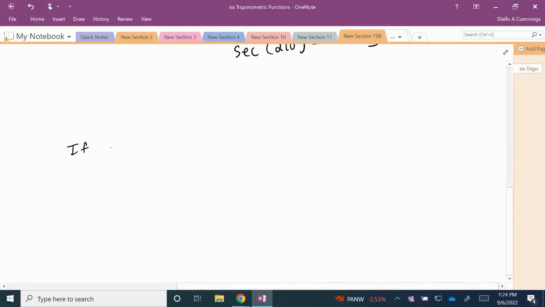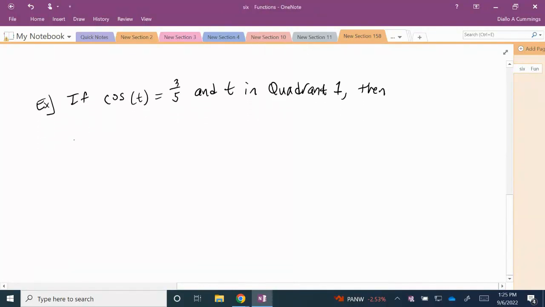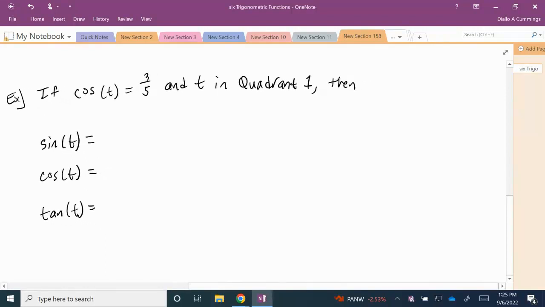If the cosine of t is equal to 3/5 and t is in quadrant 1, then we're asked to find the following: the sine of angle t, the cosine of angle t, the tangent of angle t, and then we're going to find the reciprocals.